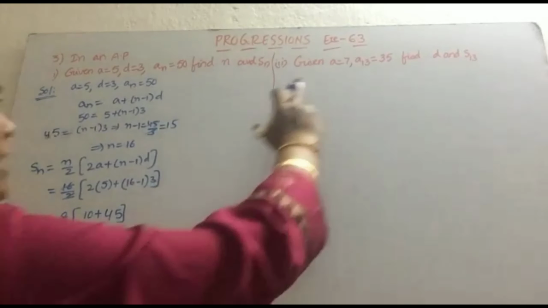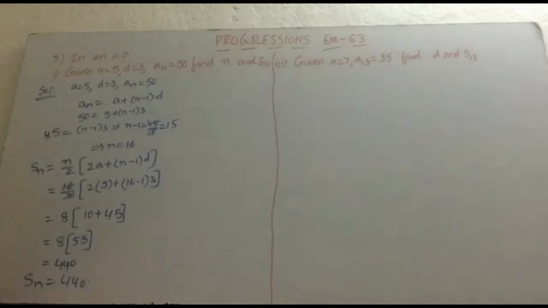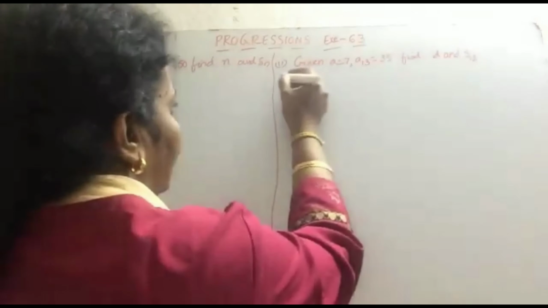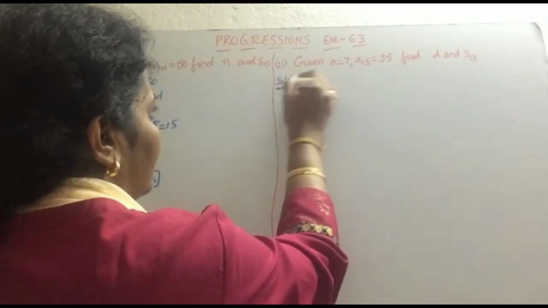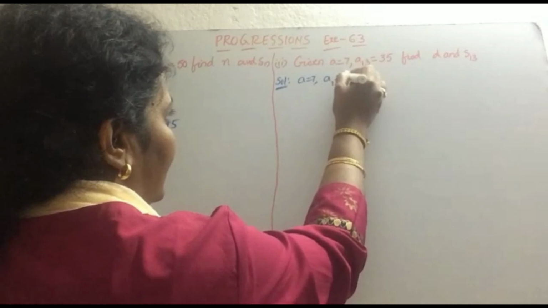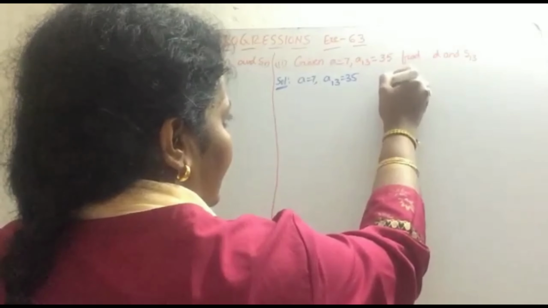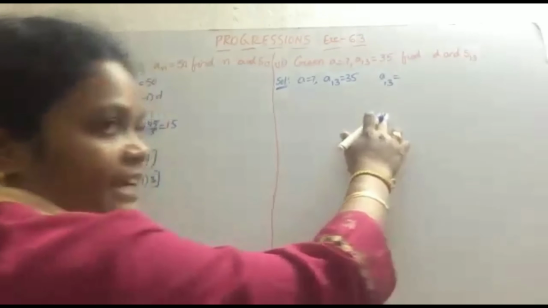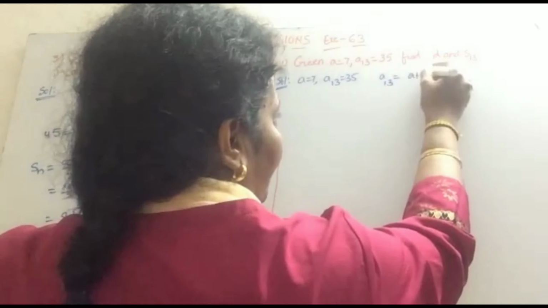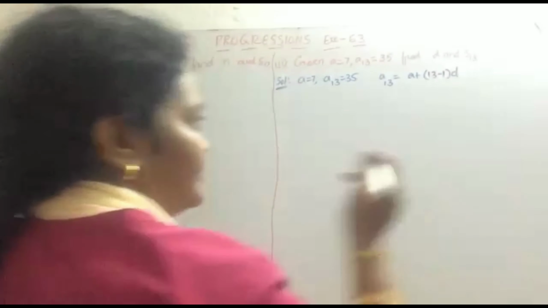And next problem. Given a equal to 7, a13 equal to 35. Find d and S13. So they gave a is equal to 7, a13 equal to 35. That means we will write a13 as a plus 13 minus 1 into d.